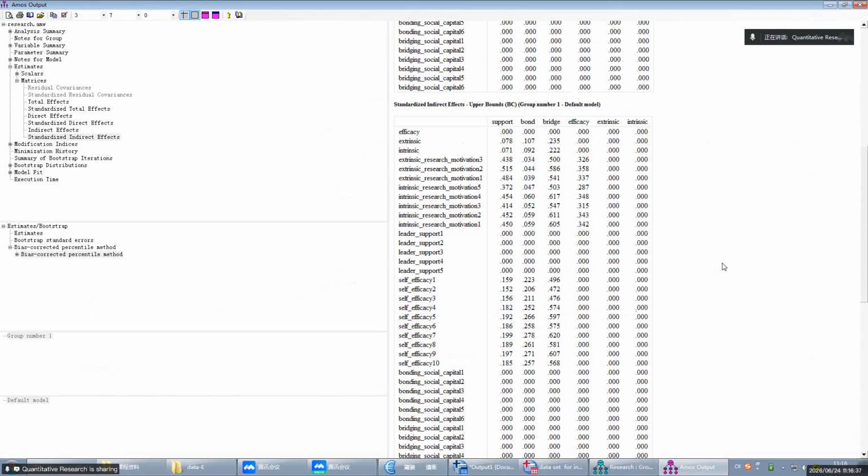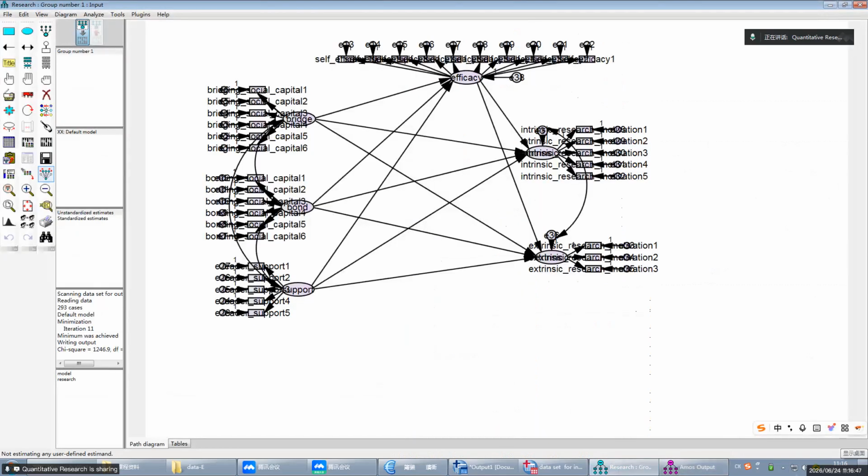No. So it means the mediation is significant. So it means bridge to efficacy to extrinsic motivation, this mediation path is significant. Okay.